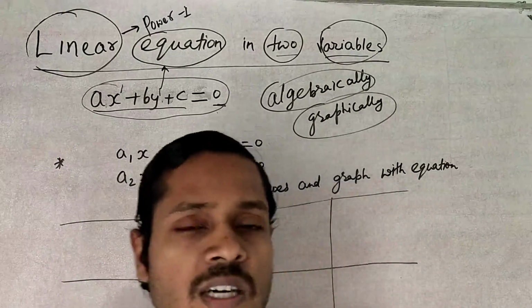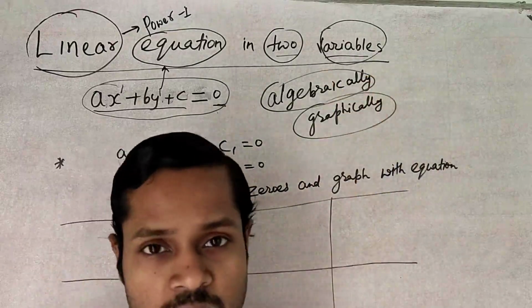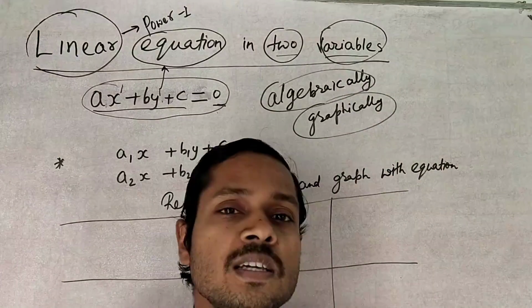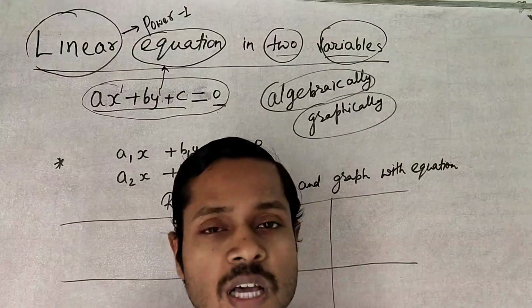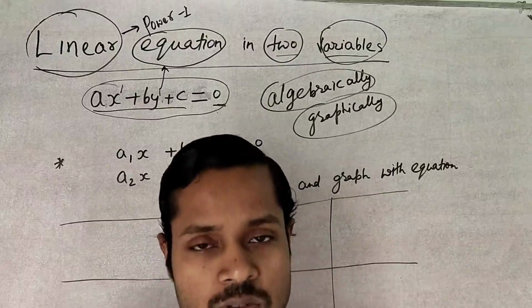So just think about that. Solutions can be obtained from the algebraic form and the graphical form. We will get two types of solutions: one as a line and one as a value.